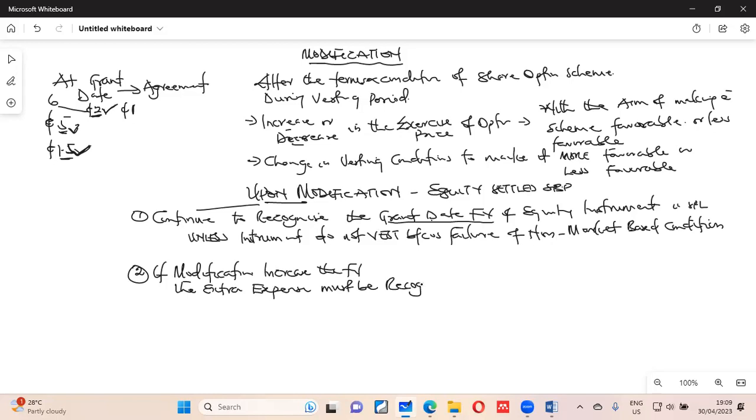When we start with the figures, you appreciate all these things we are preaching. So what we are talking about is that in terms of calculating the extra, you will need the fair value of the new arrangement, or new agreement.